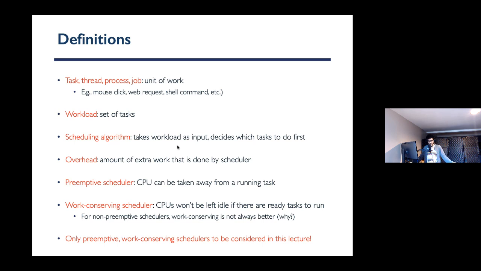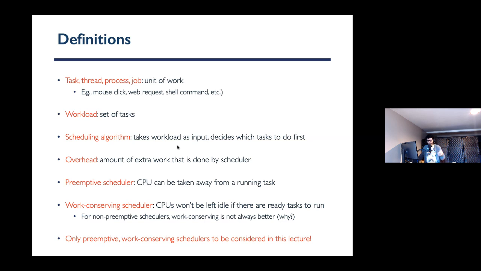In the context of these lectures, we're going to talk about tasks, threads, processes, and jobs. Sometimes I use these interchangeably. It really depends on your system. What is the unit of scheduling in your system? In our RTOS, in lab one, the unit is tasks. In single-threaded processes like early Unix systems, the unit was the process.